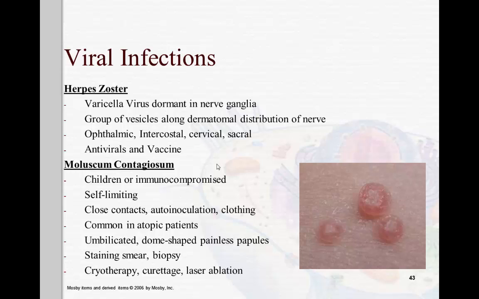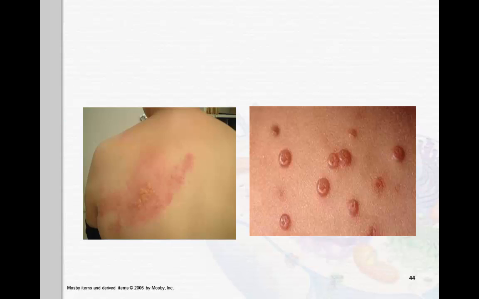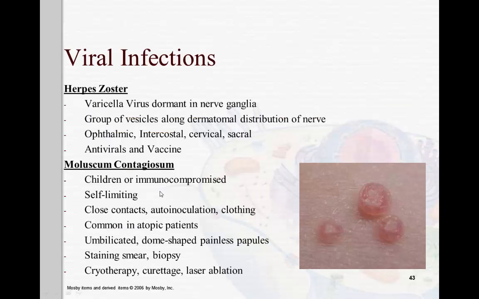It could be ophthalmic, intercostal, cervical or sacral, and it's also treated with antivirals. It could give you a lot of pain, leaving behind a complication called postherpetic neuralgia. Let me show you a picture of herpes zoster. See a group of vesicles along the dermatome distribution.